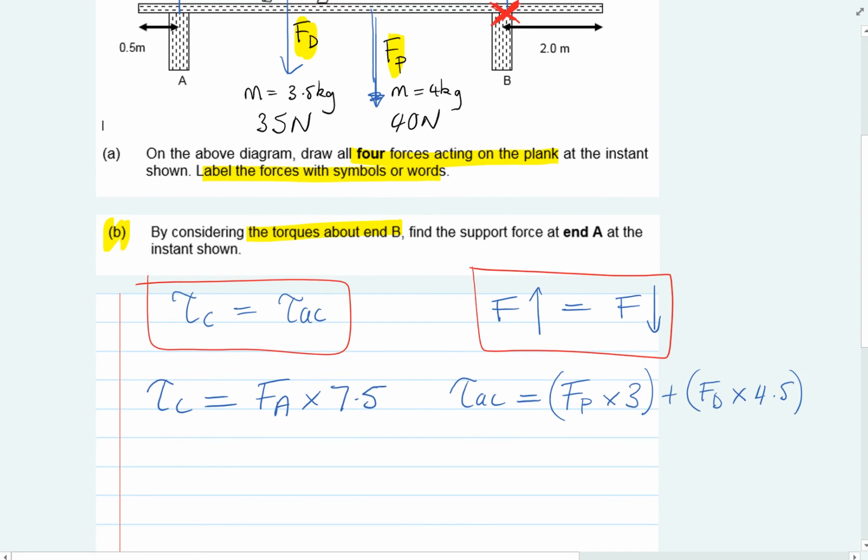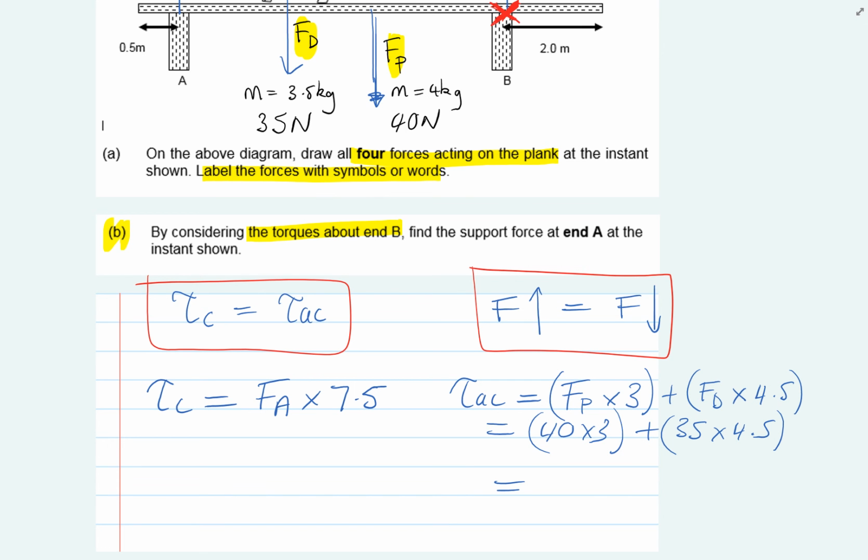Now we can probably add some numbers in here, so therefore, that's going to be equal to, now FP is 40 times 3 plus the dog, which is 35 times 4.5. Alrighty, at this point we can actually work out what that whole thing comes out to be.